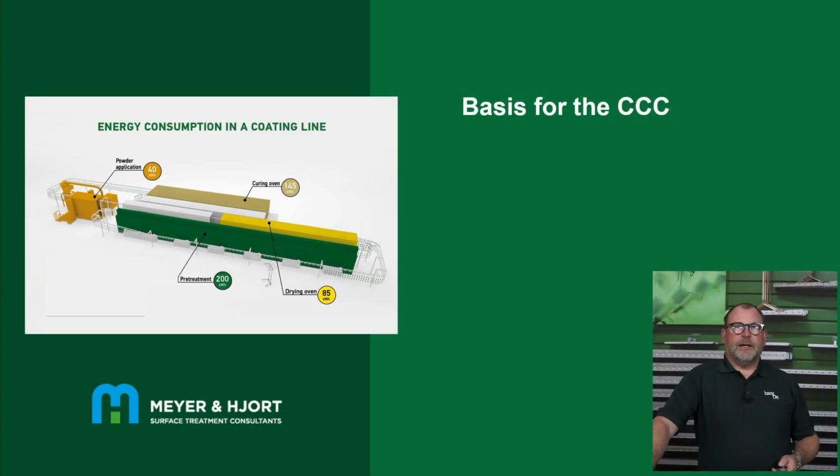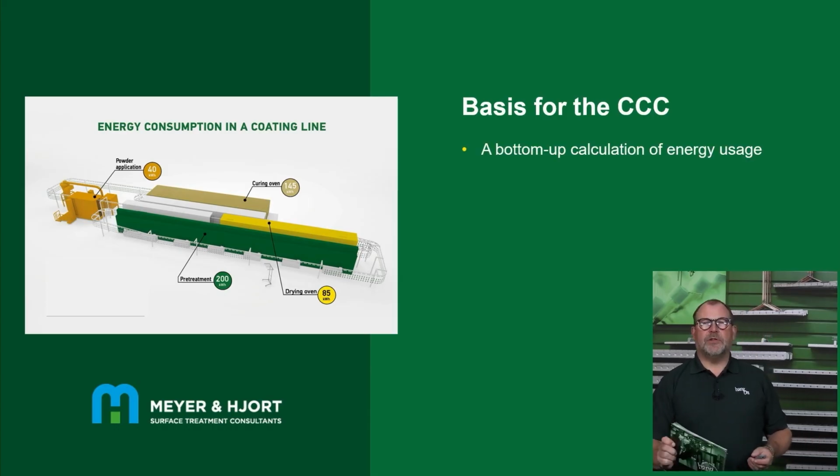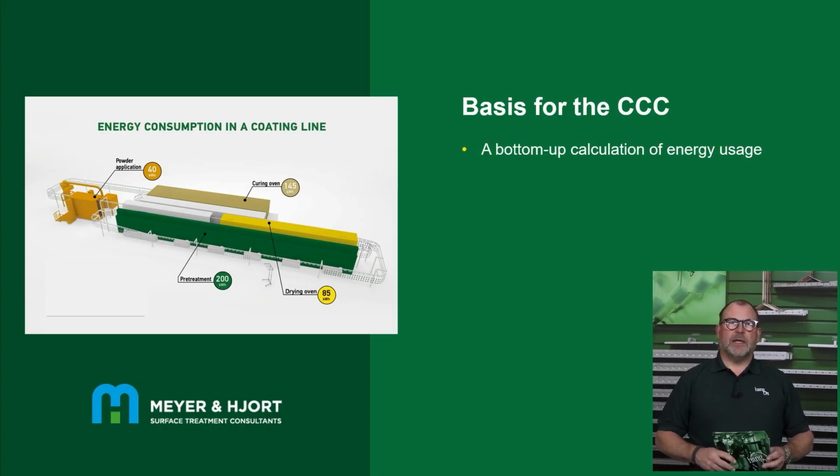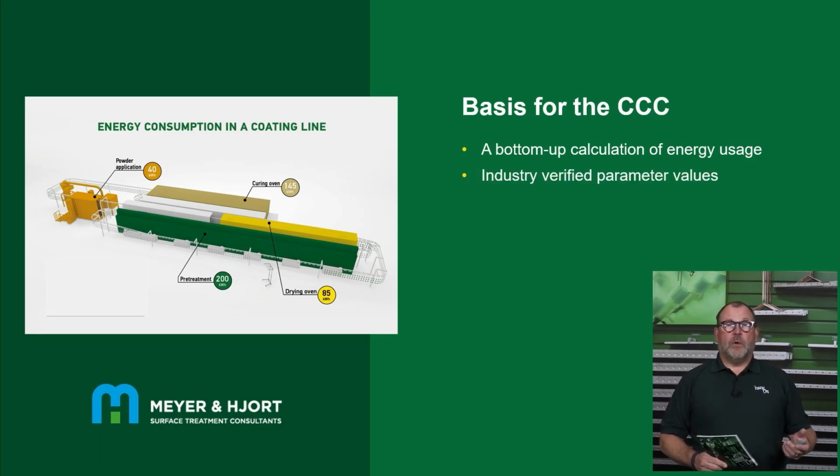If we look into the basis for the CCC, we have a bottom-up calculation of the energy usage in different coating lines. We have industry verified parameters. The values that we have put in are not just coming from the air.